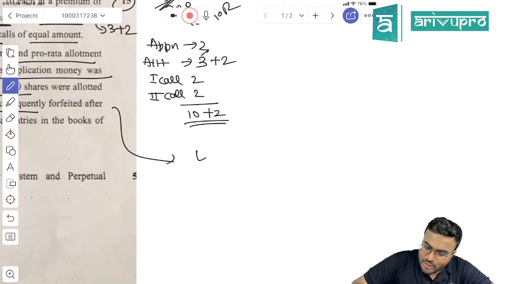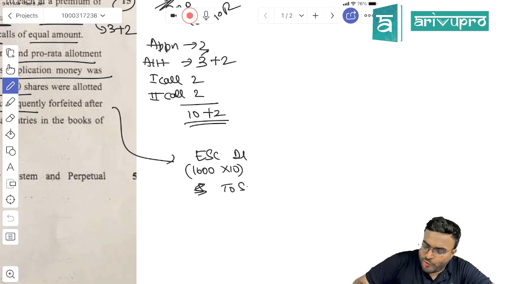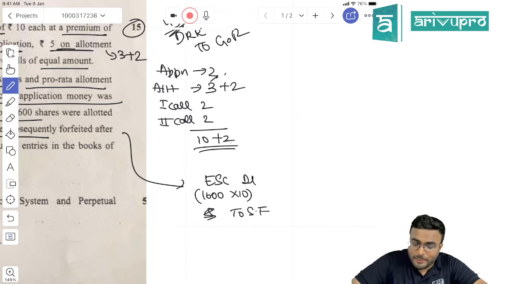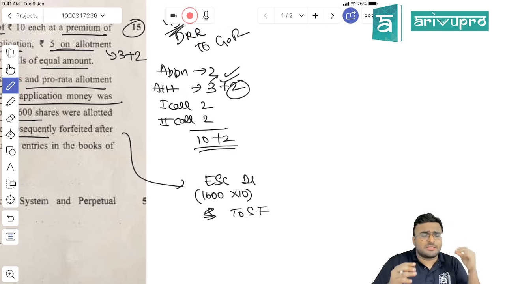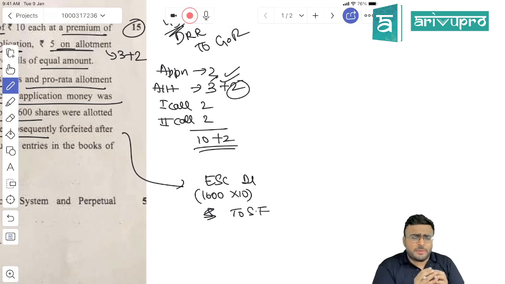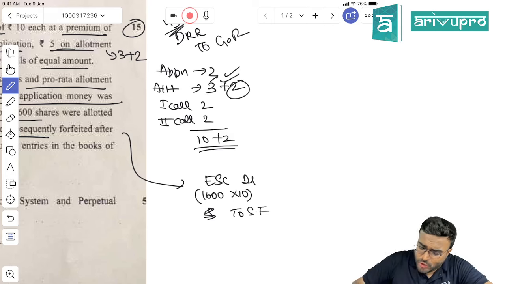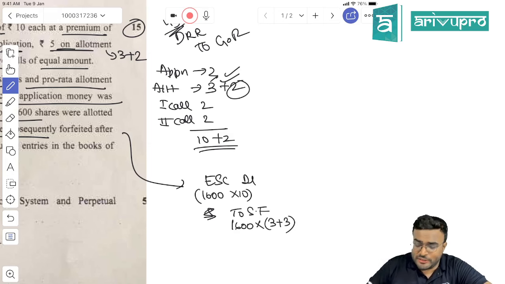Understand this. Equity share capital account debited, 1600 shares into 10. Share forfeiture account. What has he paid? 3 rupees application, 3 rupees allotment. Premium also he has paid. Whenever premium is received and it is there in securities premium, we are not going to reverse that to share forfeiture account. 1600 into 3 plus 3 to share forfeiture account.